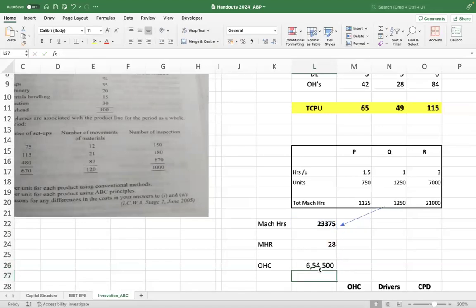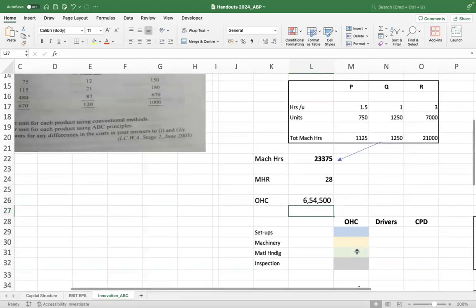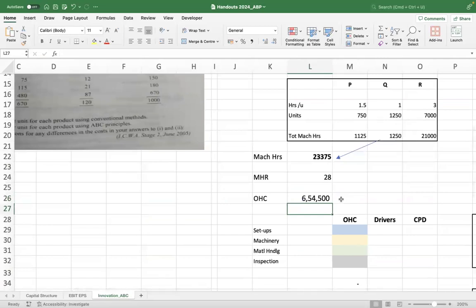You will get the total overhead costs, which is 6,54,500. हमें टोटल ओवरहेड कॉस्ट मिलेंगे तभी तो हम उसको एक्यूरेटली स्प्लिट करेंगे ना. So that's why I got the total machine hours first and then multiplied it with the machine hour rate to arrive at the overhead costs that are required.